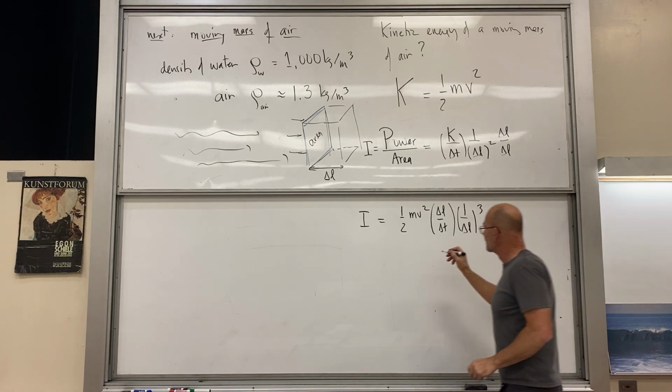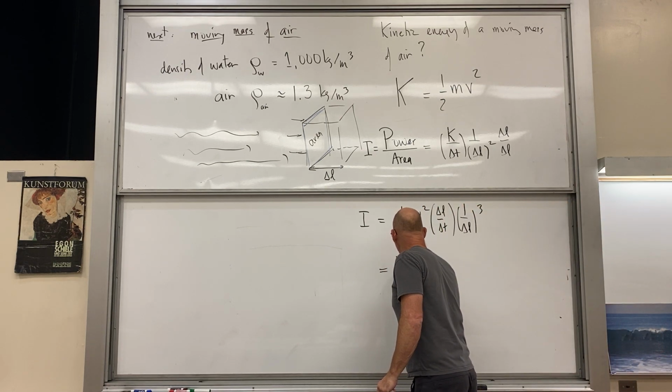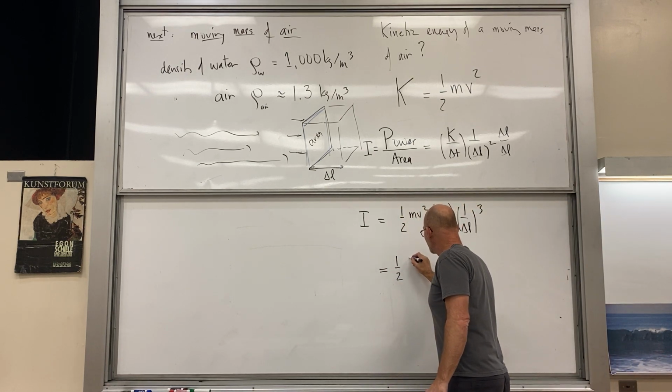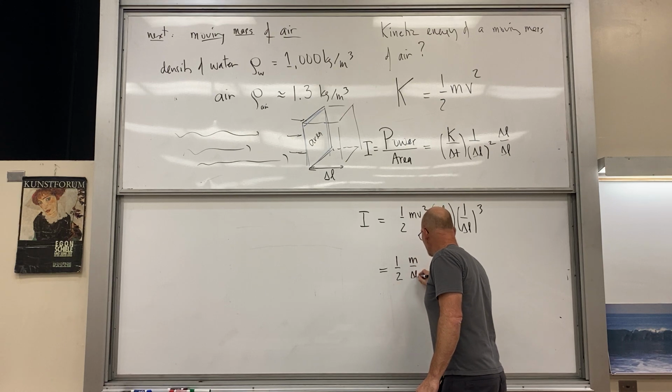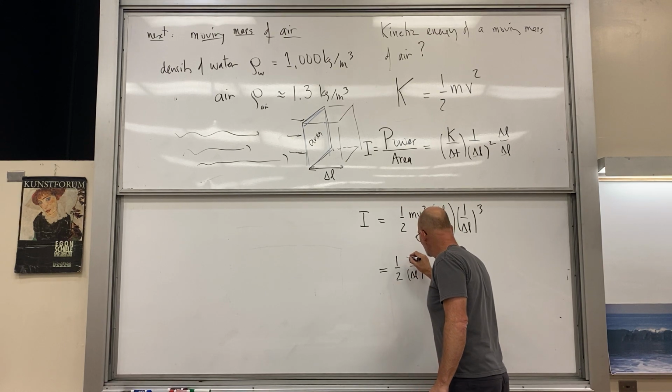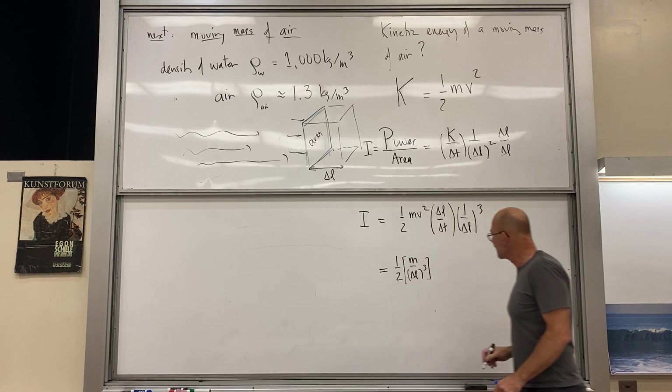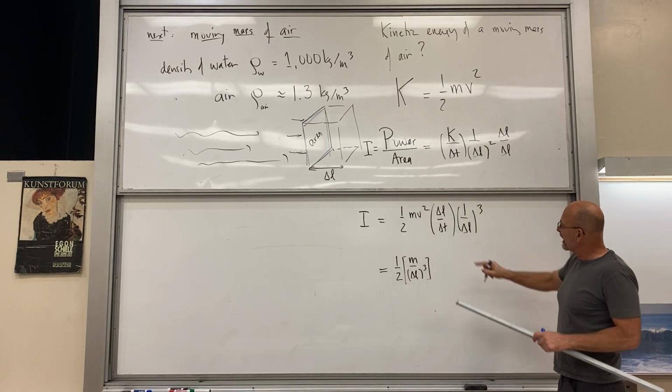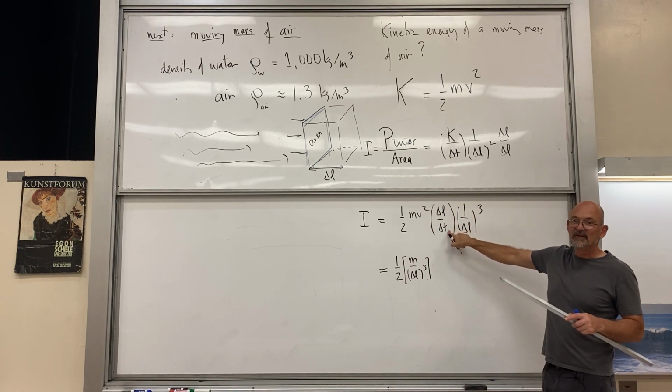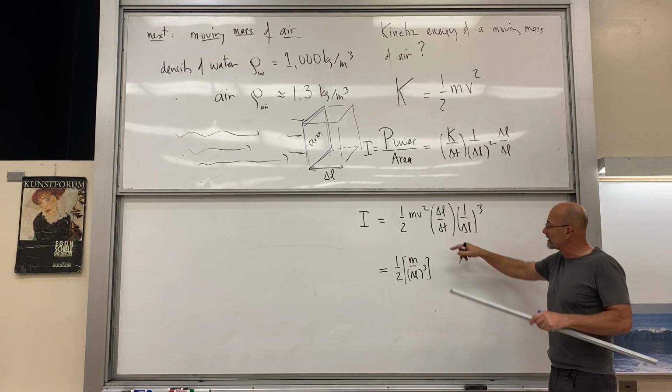Now watch this. 1/2. Now I'm going to take this m divided by delta L cubed, put a bracket around there, and my delta L over delta T is a speed. Remember, distance over time.